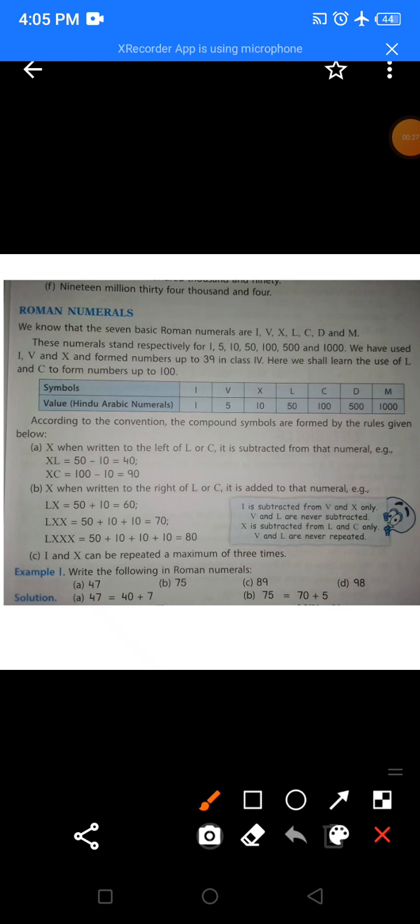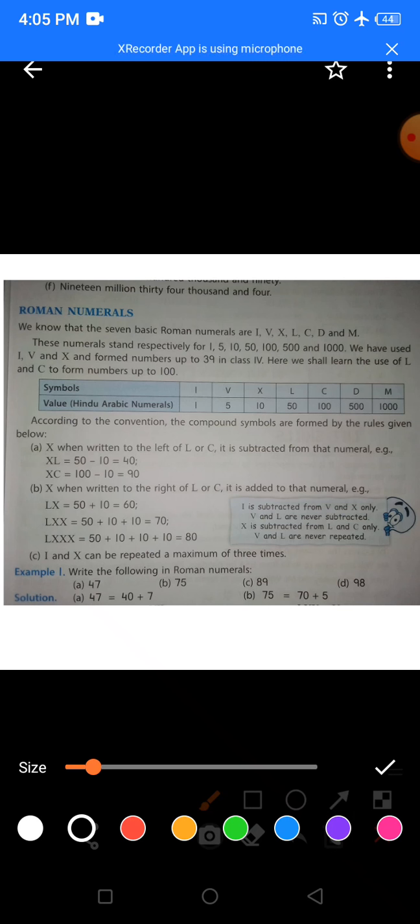We know that the 7 basic numerals are 1, 5, 10, 50, 100, 500 and 1000. So these are the 7 basic numerals. This you always have to remember.